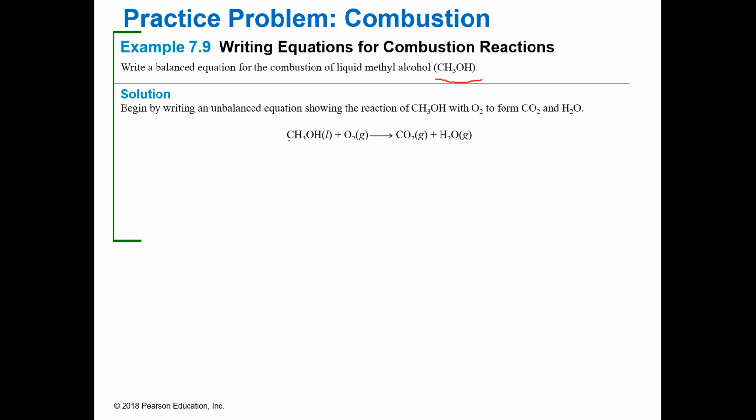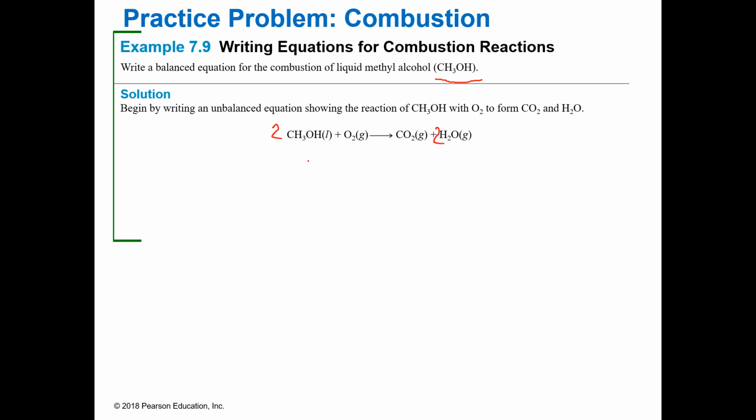So I have one carbon. I have 4 hydrogens, 2 hydrogens. So let's start there. So it'd be 4 and 4. I have 1 oxygen here, 2 here, so that's 3. But on this side I have 2 plus 2 is 4. This gives me an odd number, so I'm actually going to make a change here.